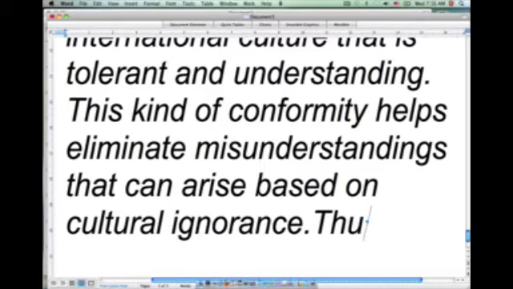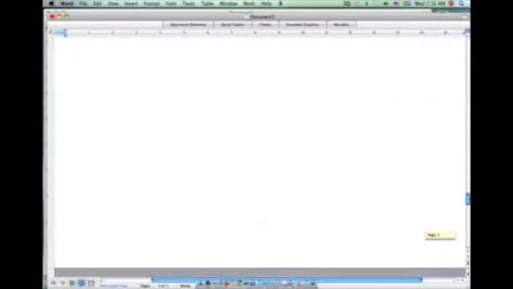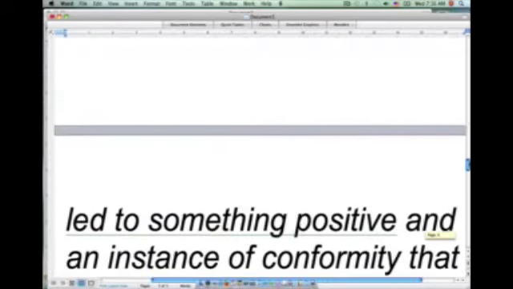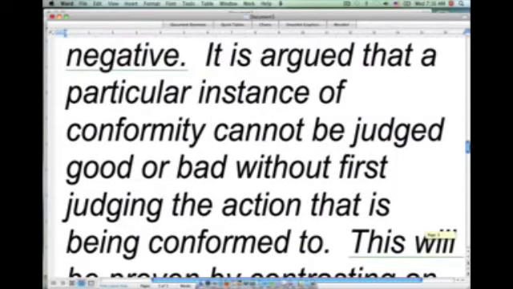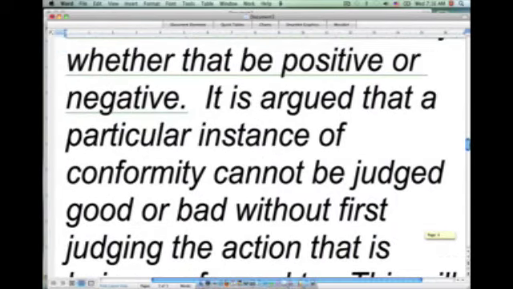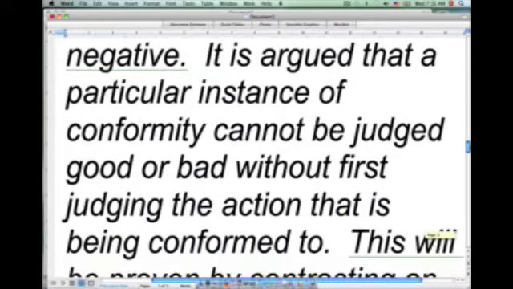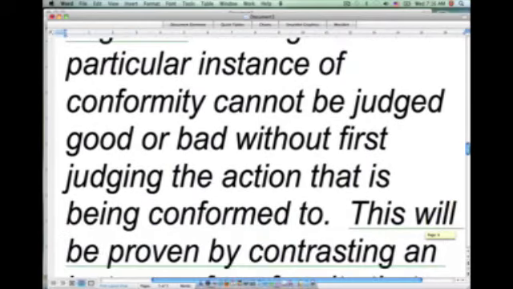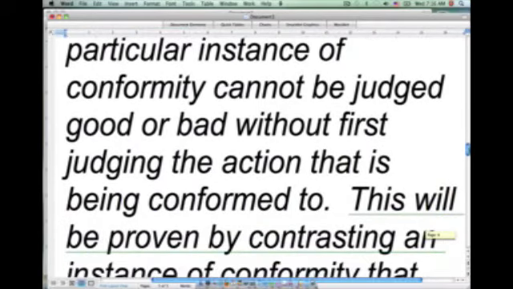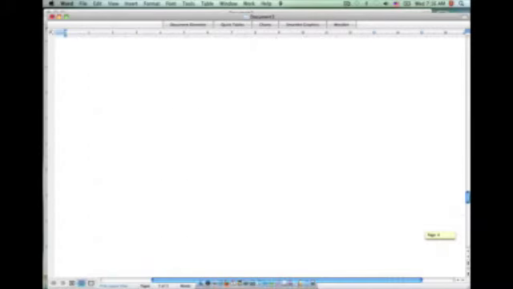So linking back to our thesis, let me just quickly review. What is our thesis? Our thesis was, it is argued that a particular instance of conformity cannot be judged good or bad without first judging the action that is being conformed to.